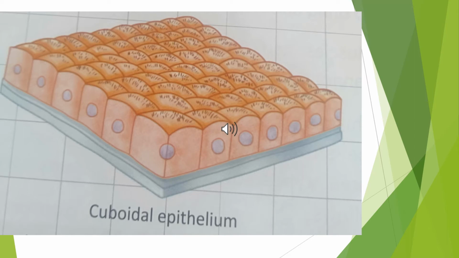So the best examples are the inner lining of the thyroid glands and salivary glands.